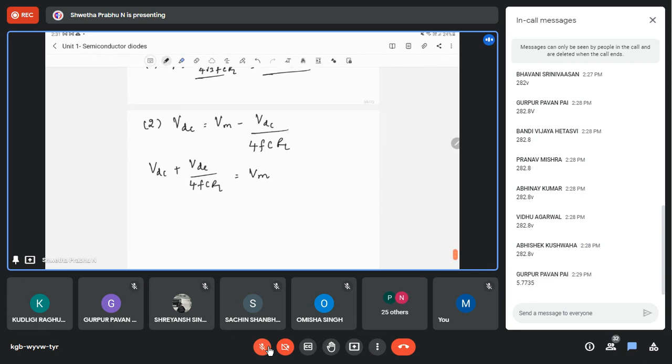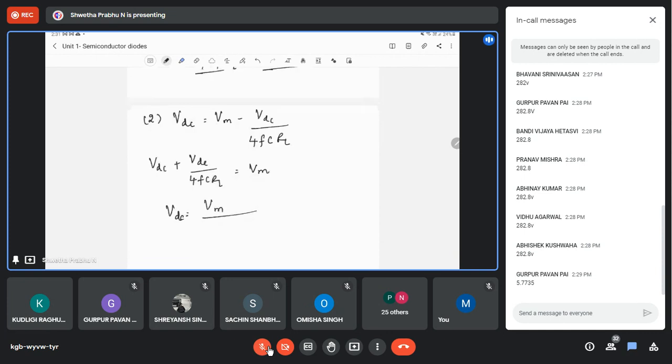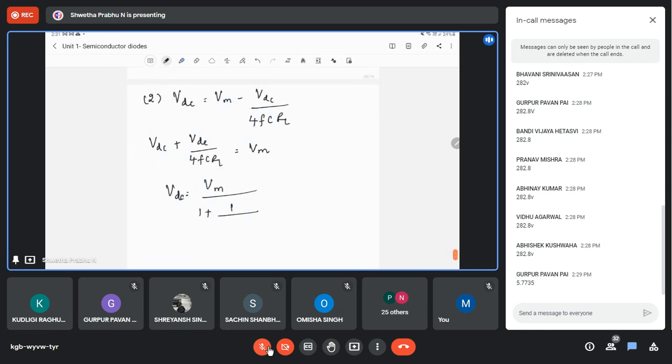So VDC, you can take it common. This will become Vm divided by 1 plus 1 over 4FCRL. Did you get it? So solve and find VDC.